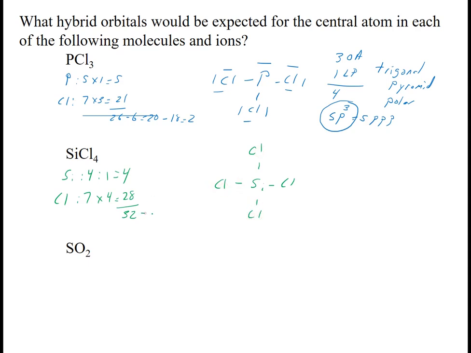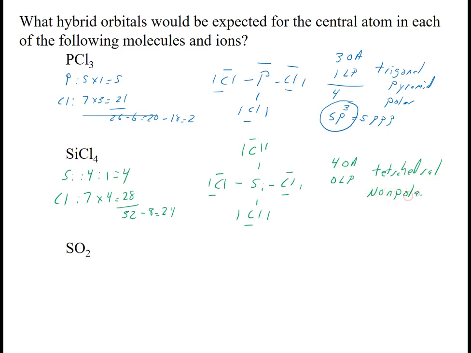So I used up 8, leaving me 24. So 2, 4, 6, 8, 10, 12, 14, 16, 18, 20, 22, 24. So I have 4 outside atoms, 0 lone pair. So the geometry is tetrahedral. It's nonpolar.